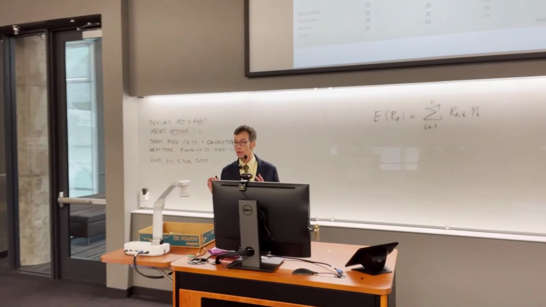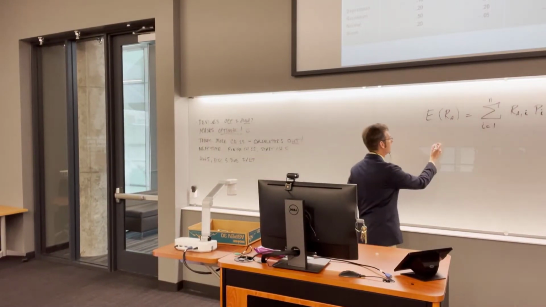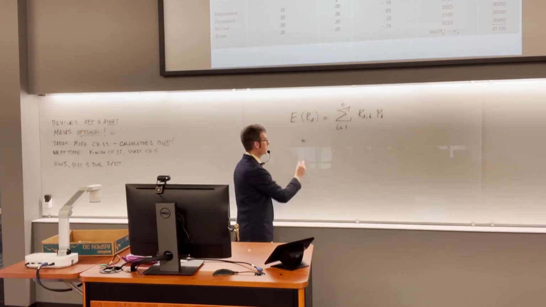Now, I'm going to go ahead and work through that first one so you can actually see it being done. So here we go. What's the probability, or what's the return in the first state?